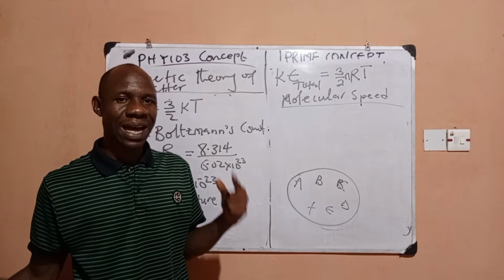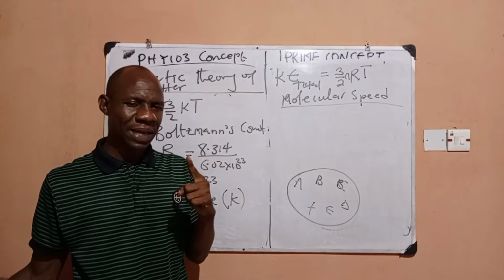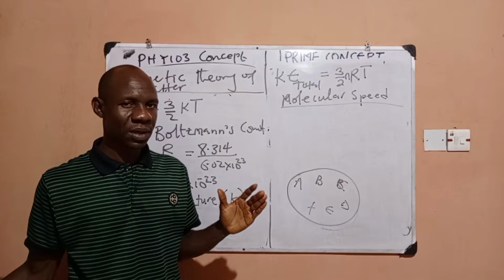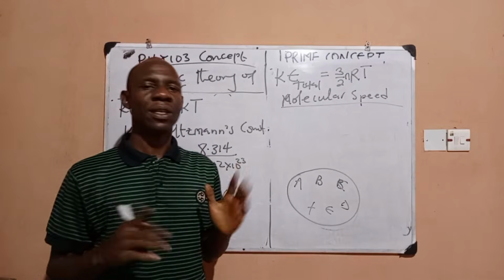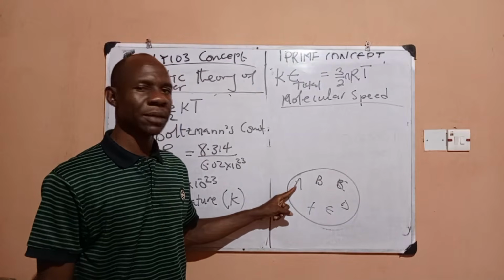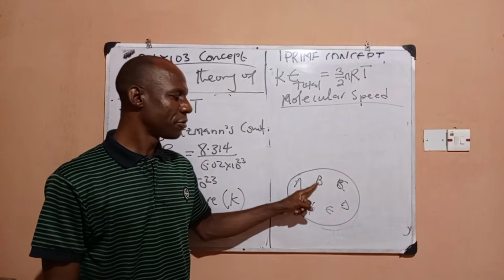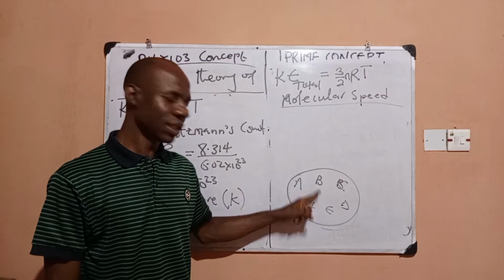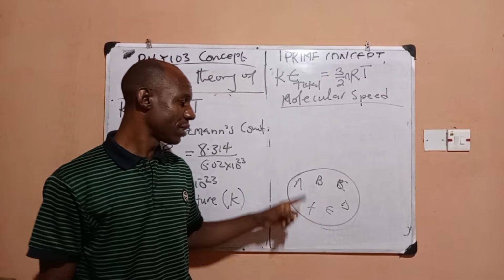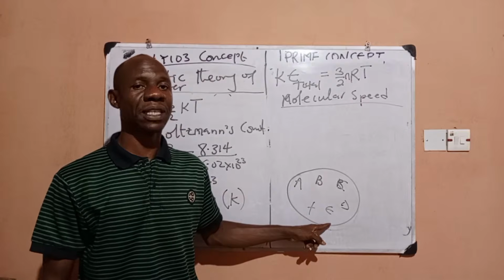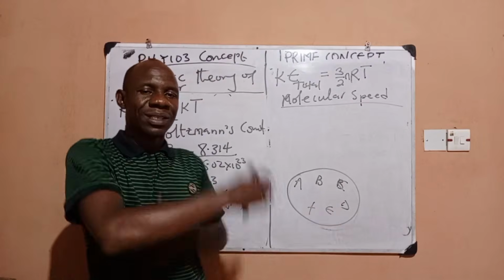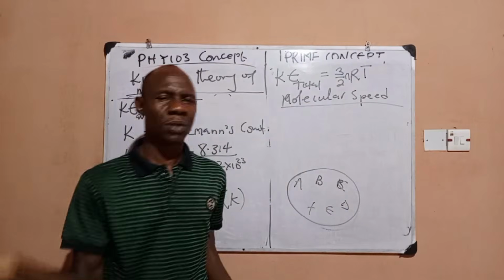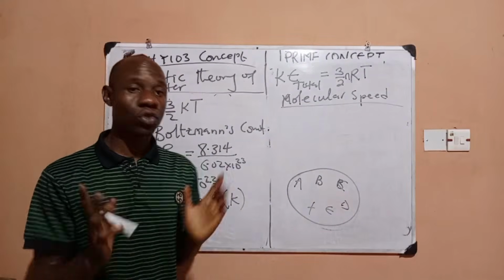The motion is random, so nobody plans to move at a certain speed. The speed with which A is moving might be different from the speed with which B is moving. At some point, A and E can even have the same speed, or C and D might have the same speed. So the speeds are just different, and sometimes some of them are the same.